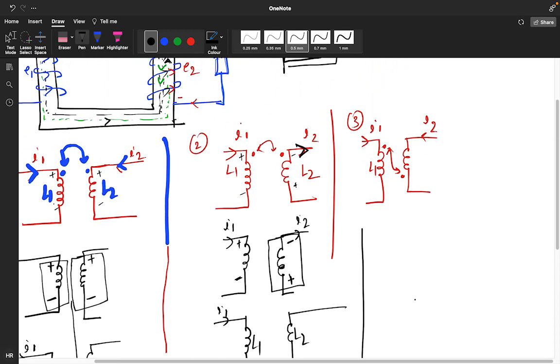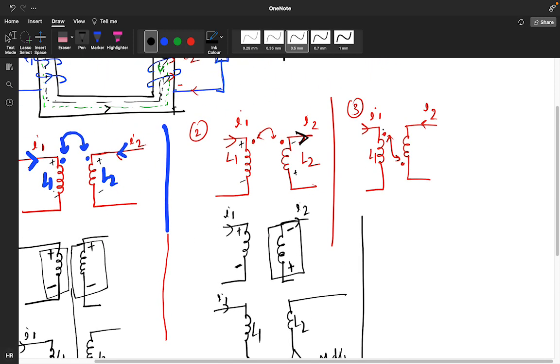Prasanna, see, what will the scenario of this be then? Just tell me. Here what will be positive or negative? Prasanna, I am asking you. Positive. Okay, positive. And this will be negative.